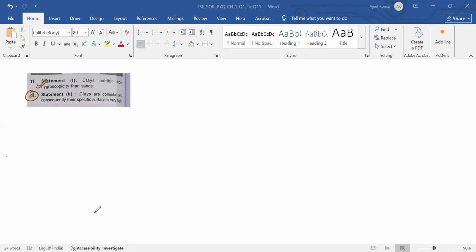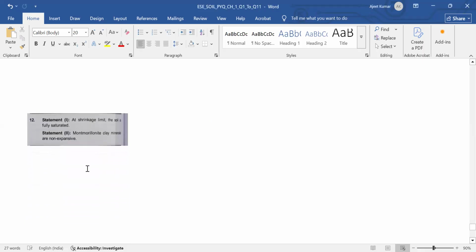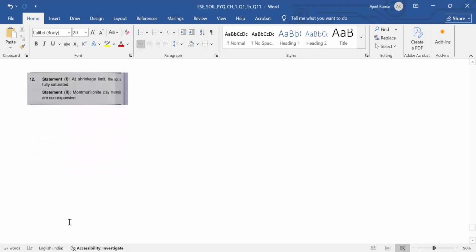Now question number 12. At shrinkage limit, the soil is fully saturated. Yes, this is a true statement. Statement 2.